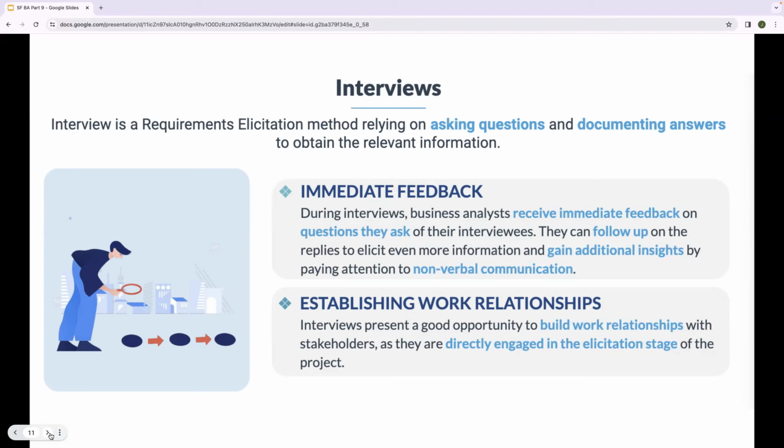They can follow up on the replies to elicit even more information and gain additional insight by paying attention to non-verbal communication. Establishing work relationship. Interviews present a good opportunity to build work relationships with stakeholders as they are directly engaged in the elicitation stage of the project.